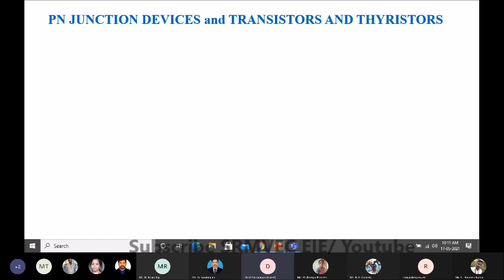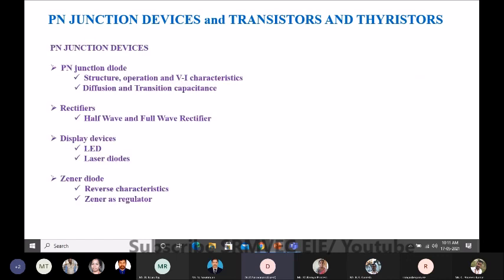Under PN junction devices, these are the topics. It starts from the PN junction diode, and we will see structure, operation, VI characteristics, and diffusion and transition capacitance, and how they relate to the characteristics of the PN junction diode.